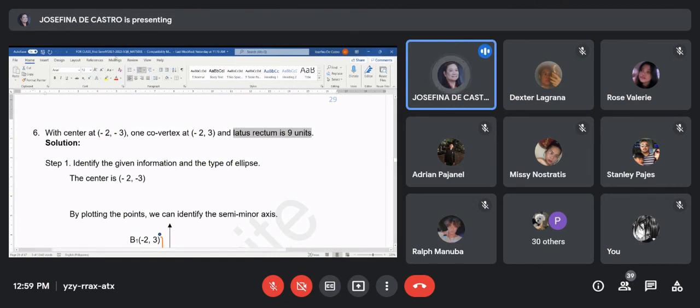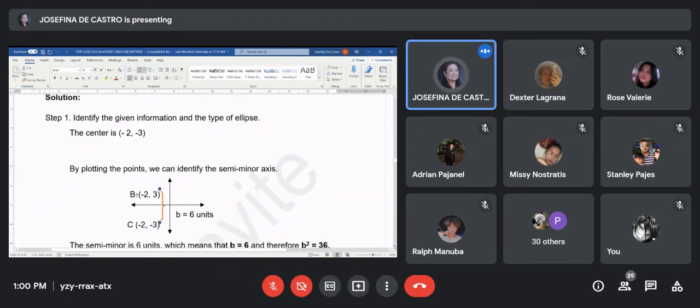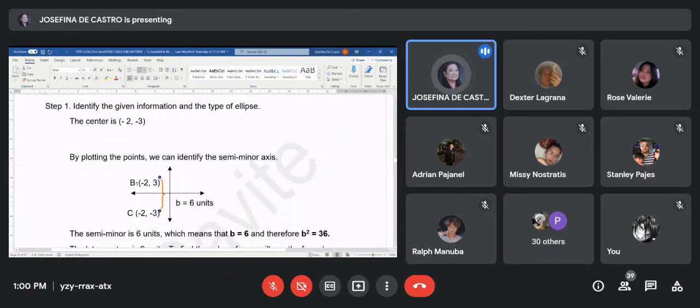So, since we're given a co-vertex, we can identify B. So we solve for A using the formula of the latus rectum. Okay? The center is negative 2, negative 3, and one co-vertex, B sub 1, is above the center. Therefore, it is horizontal.